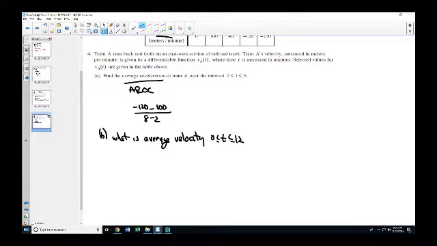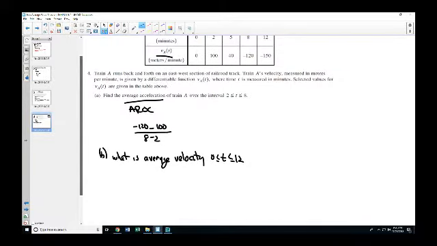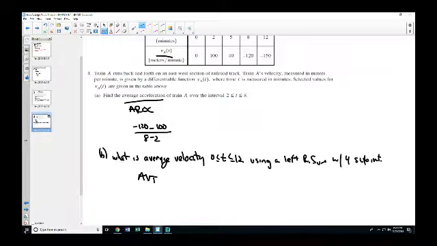And then it would say something like, using a left Riemann sum with 4 subintervals. Now that is asking about velocity, average velocity, given velocity, right? This is the average value theorem. Okay? Be careful.